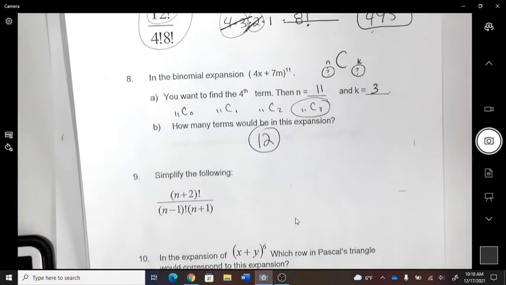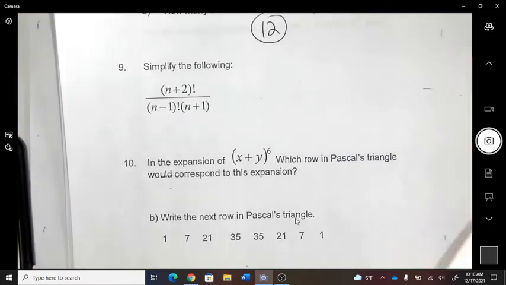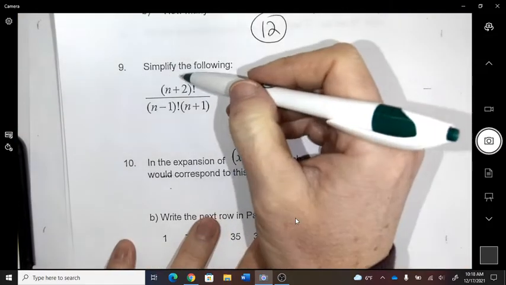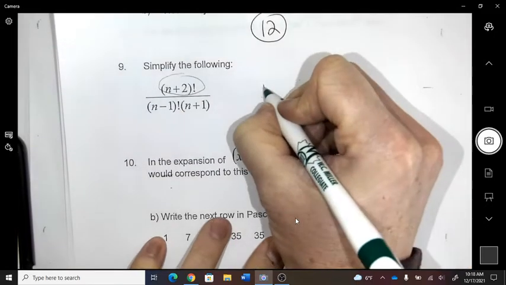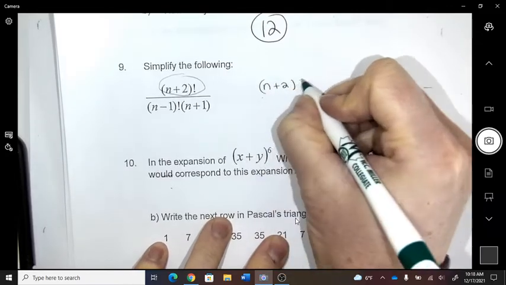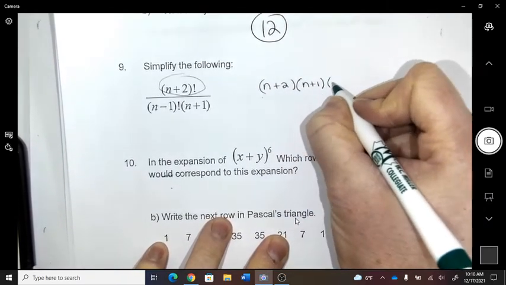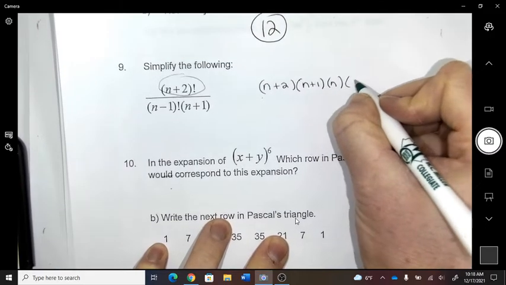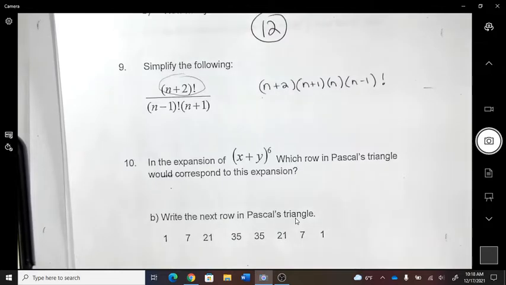Okay, number 9. Expand the bigger one. So that would be the top gets expanded. So n plus 2 going down 1, down 1, down 1, and then I think I can stop.